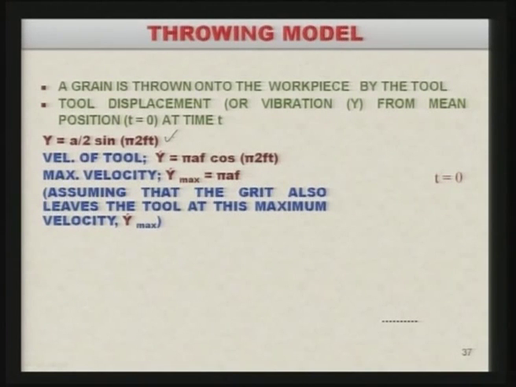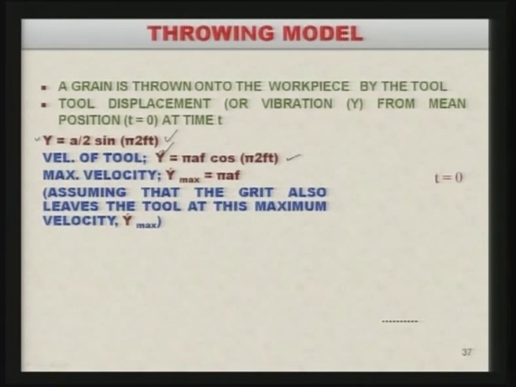Now, the velocity of the tool, which is vibrating according to this equation, we can find out by differentiating this equation with respect to time t, and that is given over here by y dot, the velocity of the tool, equal to pi a f cos 2 pi f t.